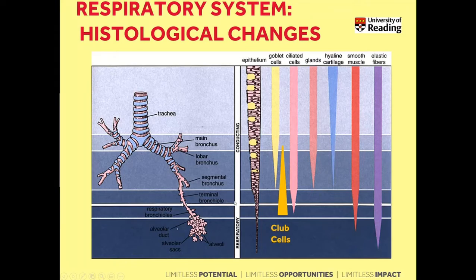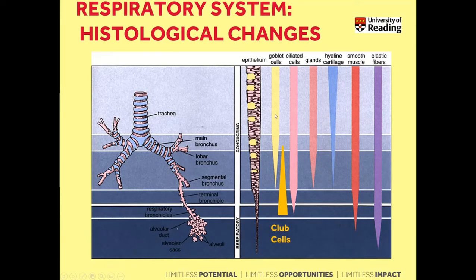But I would like you to note that the conducting zone is characterized by a very thick epithelium, and the size of the epithelium decreases across the respiratory system, and it becomes very thin in the respiratory part or zone of the respiratory system.